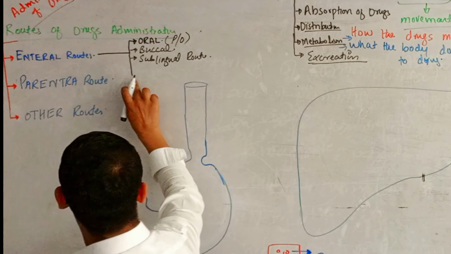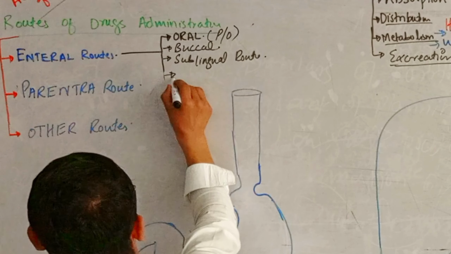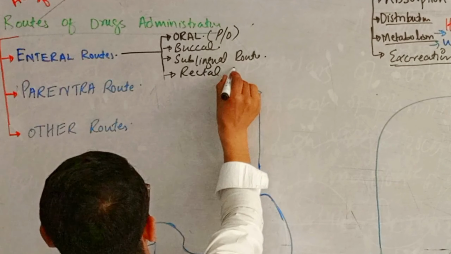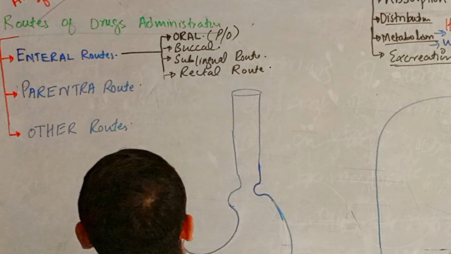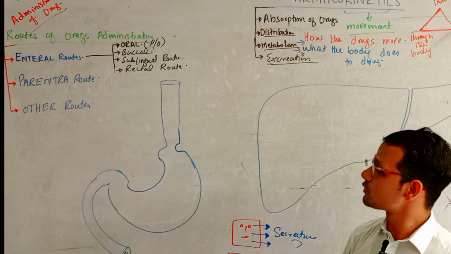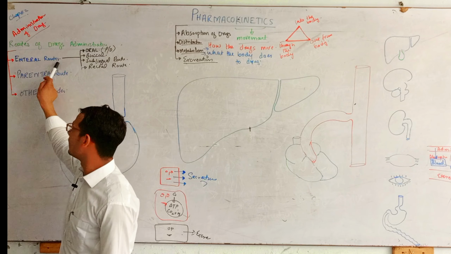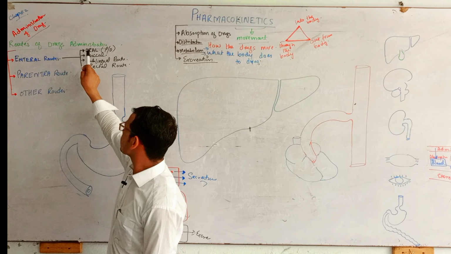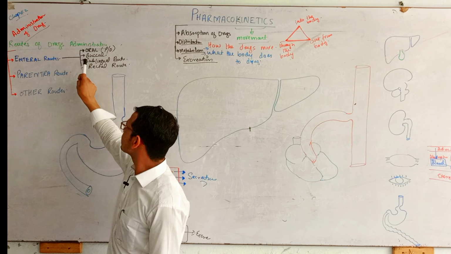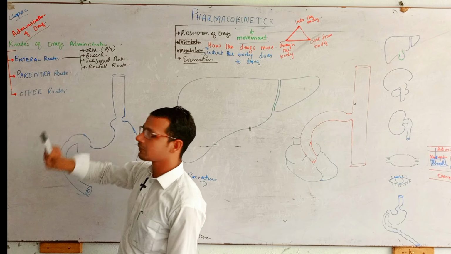The next is the rectal route. These routes are related to the gastrointestinal system and are called enteral routes: oral, buccal, sublingual, and rectal.